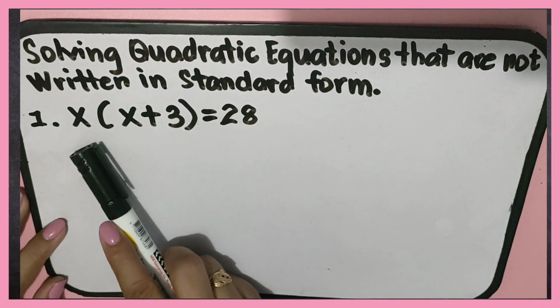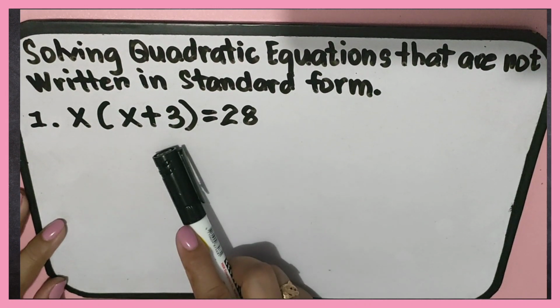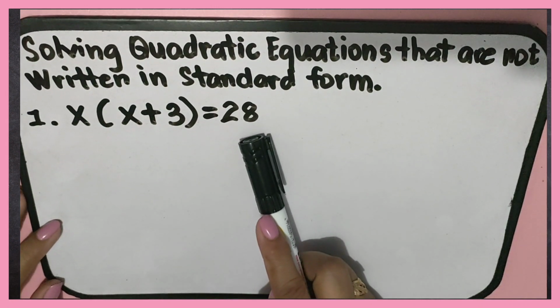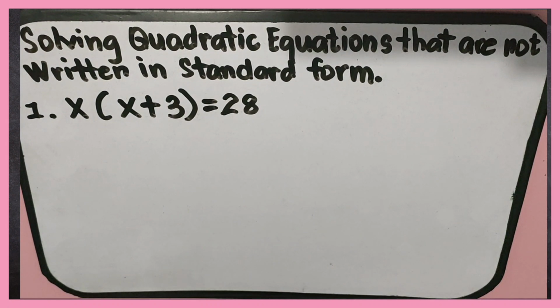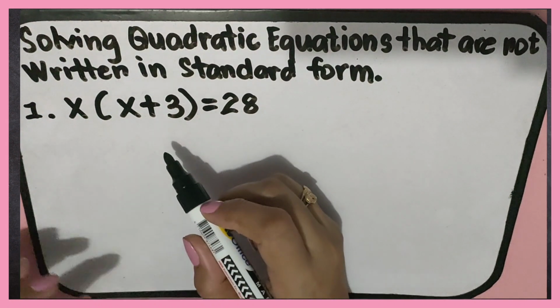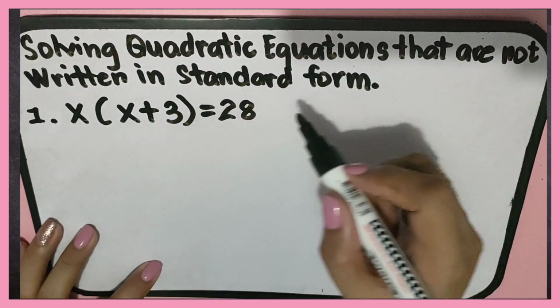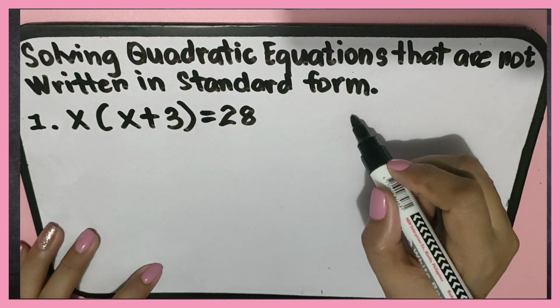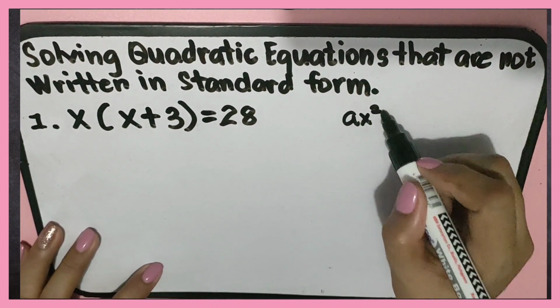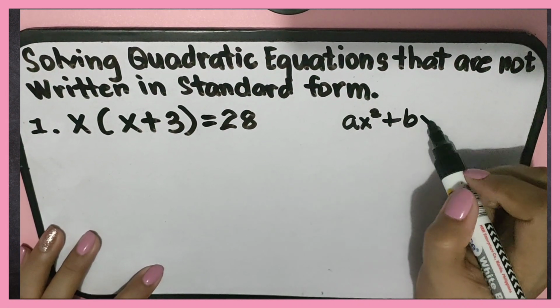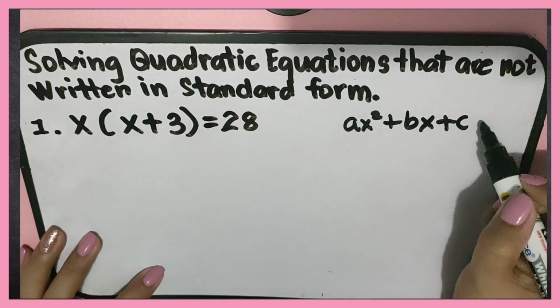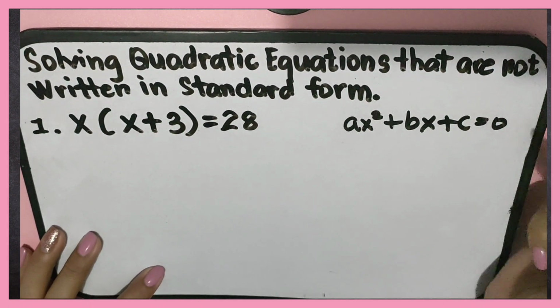We have x, quantity x plus 3 equals 28. Okay, so let us write the equation into standard form, wherein the standard form of a quadratic equation is ax squared plus bx plus c equals 0.